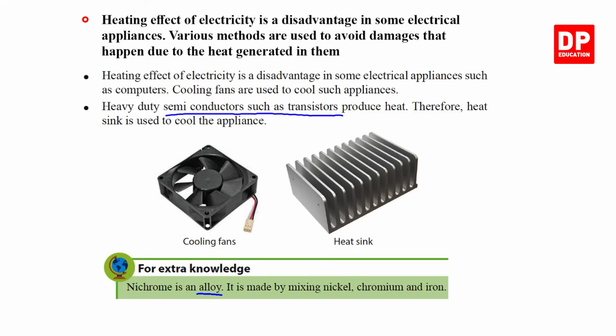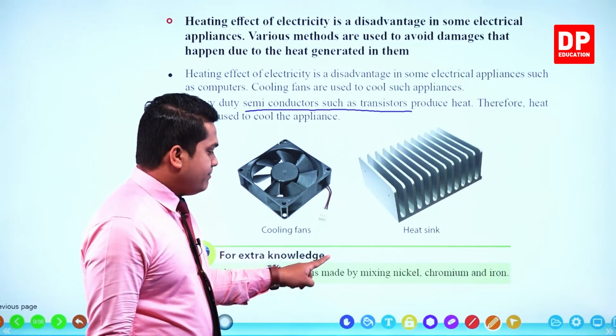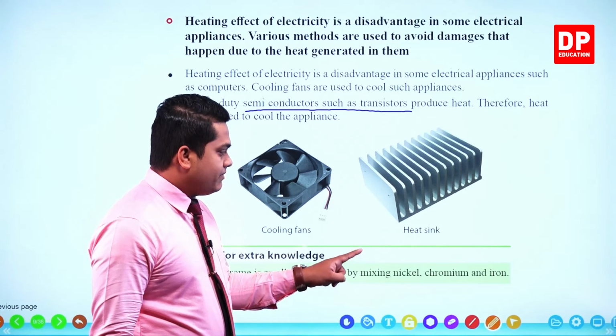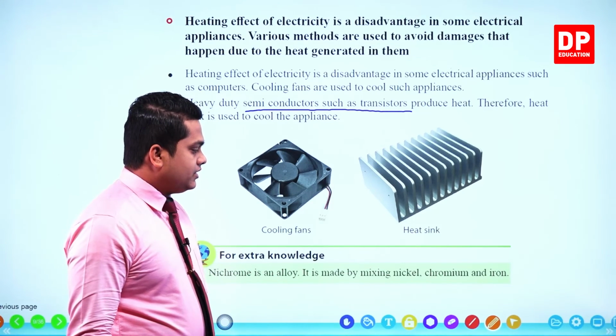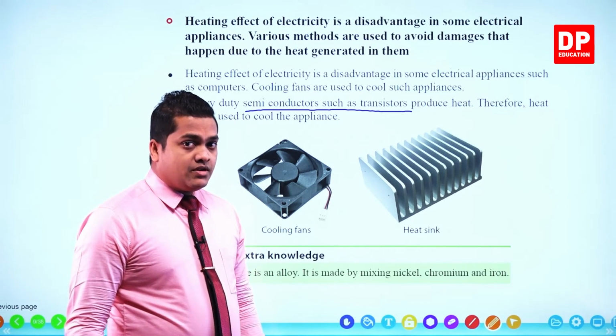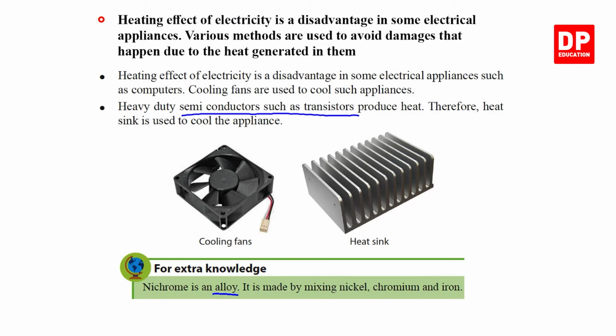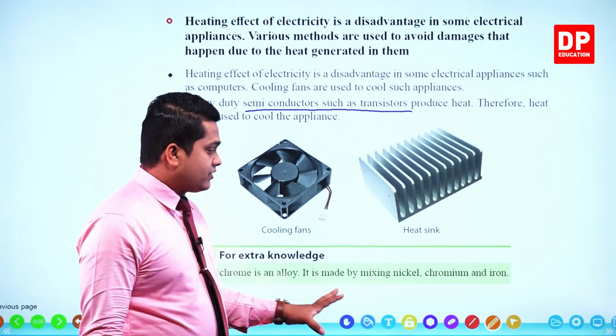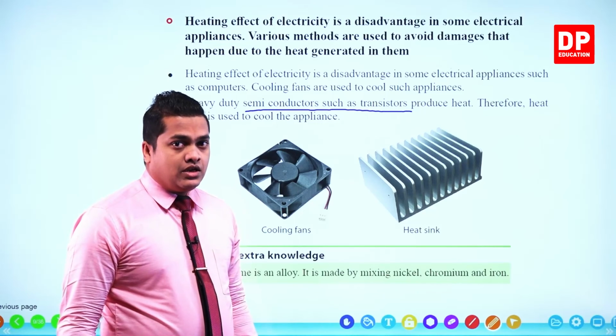Right. So my dear children, for extra knowledge, it's given nichrome is an alloy made by mixing nickel, chromium and iron, right? So nickel, chromium and iron, all of these three substances are getting mixed, mainly nickel and chromium, but however there is iron as well, right?